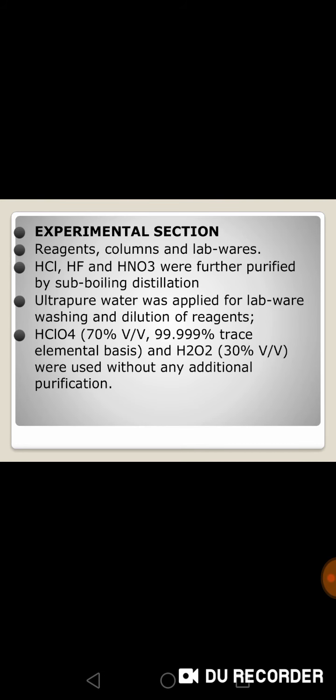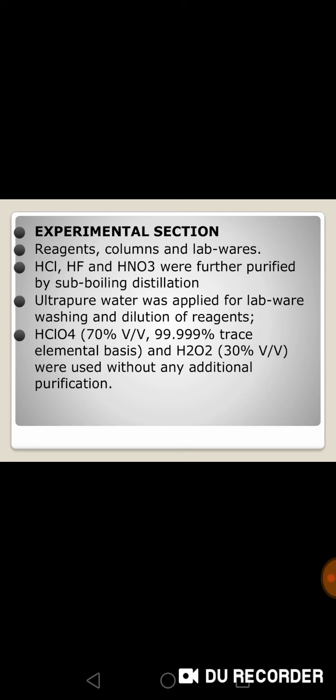The next section is about the experimental section. In this, we are going to discuss the reagents, columns, and the labware. The reagents are HCl, HF, and HNO3, which are further purified by subboiling distillation. Ultra pure water is also applied for the labware washing and dilution of the reagents.